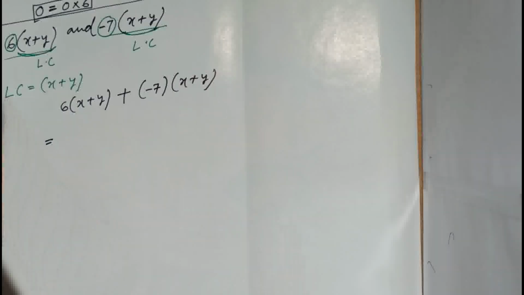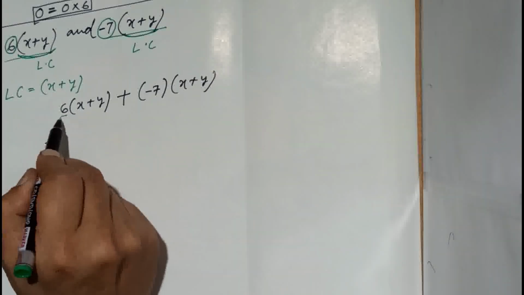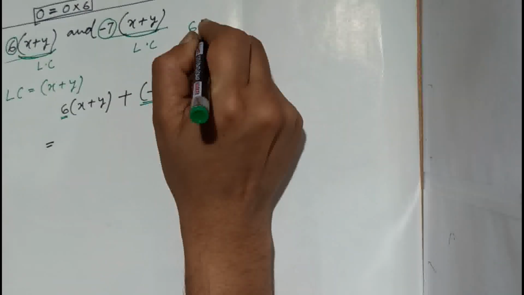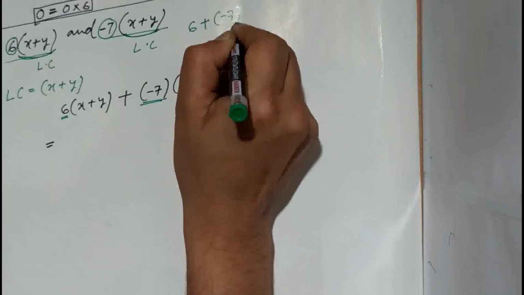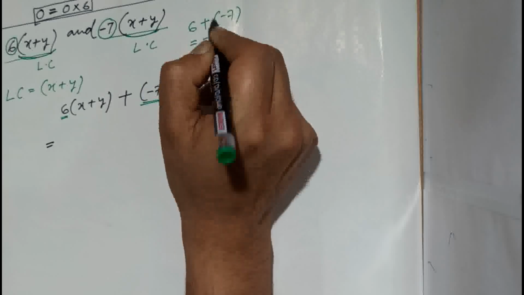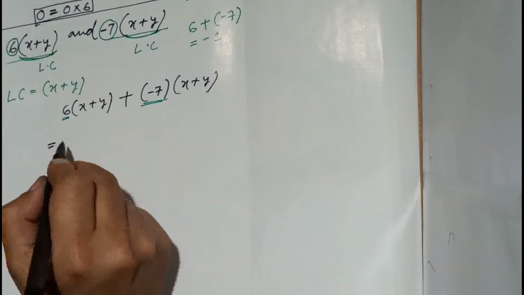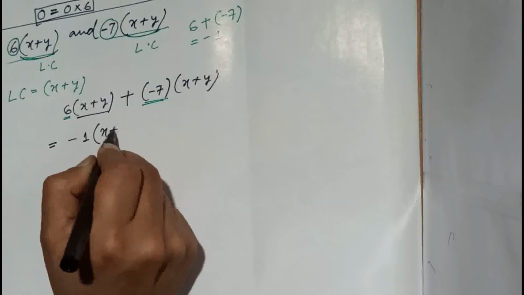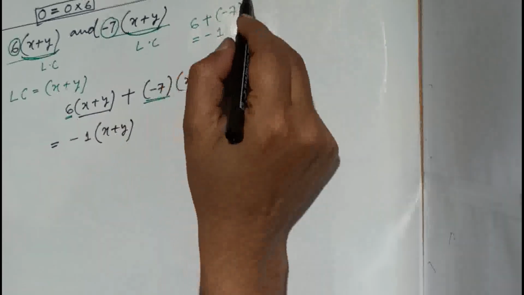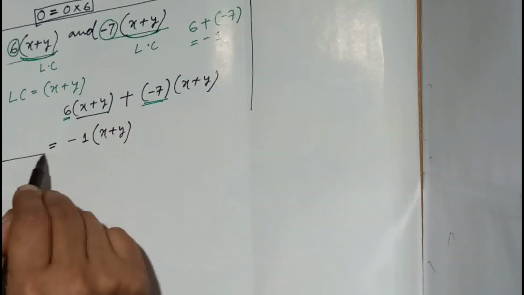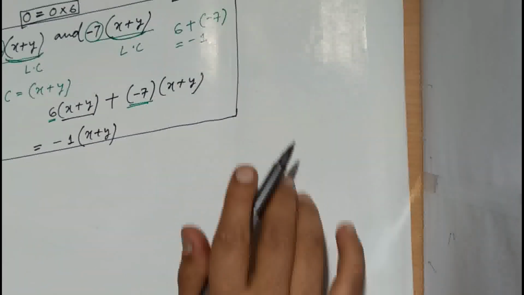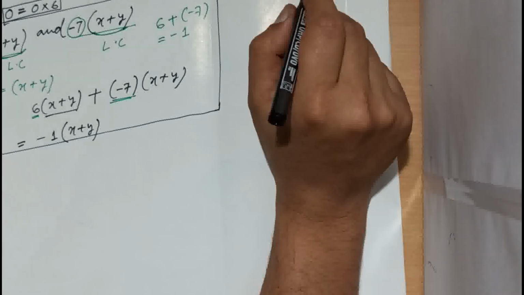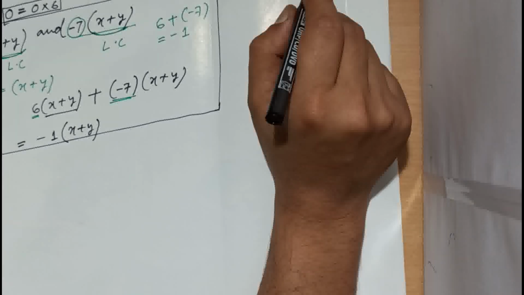Now it is quite simple. I already told that we add only the numerical coefficient. That is, now we will get the answer of 6 plus minus 7, which is equal to minus 1. So my answer will be minus 1. After that this term will come, x plus y. So it is very easy. Addition of algebraic expression is very easy. Now let me take one more example.